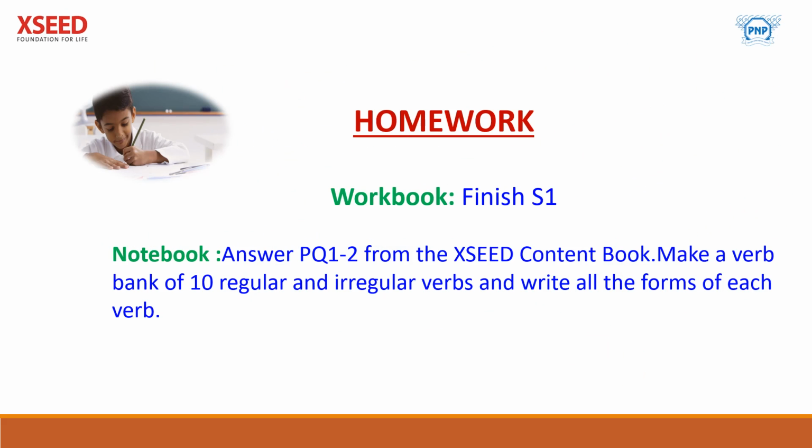So the simple homework for this session is: from the workbook you have to complete the S1 activity. In a notebook you have to write the answers to practice questions 1 and 2 from the content book. Make a verb bank of 10 regular and irregular verbs and write all the forms of each verb. Now you might wonder what regular and irregular forms are.